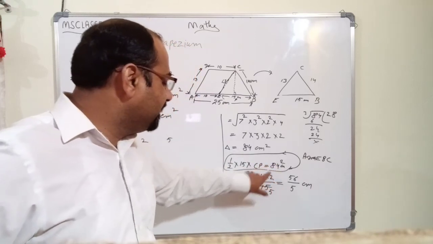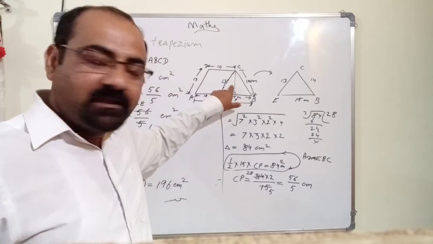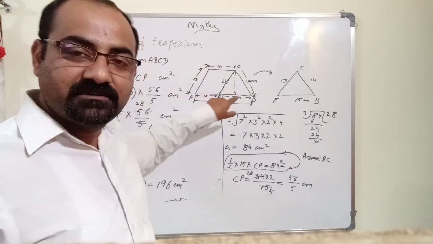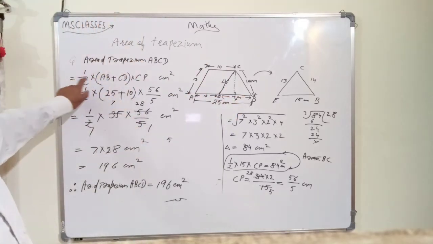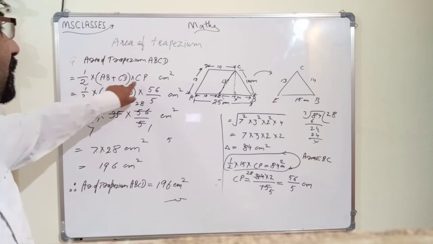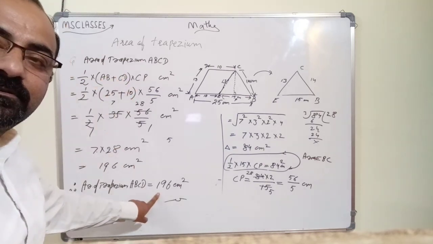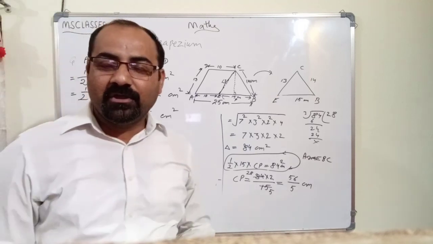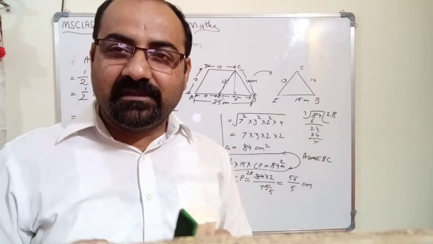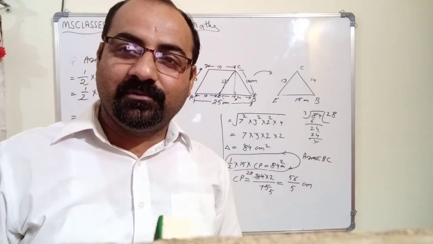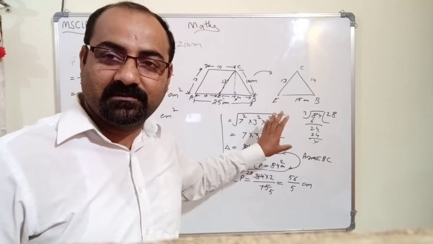And from here we calculate the height of the triangle. Height of the triangle is equal to height of the trapezium. Then the actual formula of trapezium is half into sum of parallel lines into perpendicular height. Then we reach the solution. So guys, I hope you have understood the topic, and this is a very important question. You have to use these two formulas to calculate the area of a trapezium.